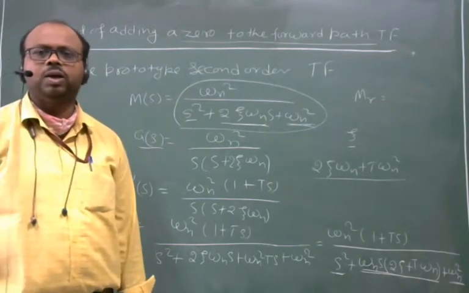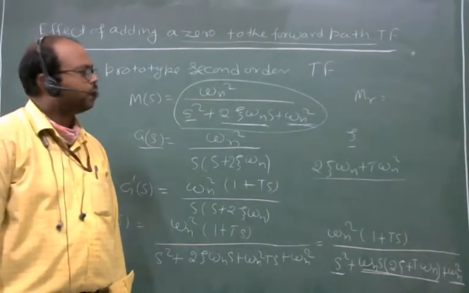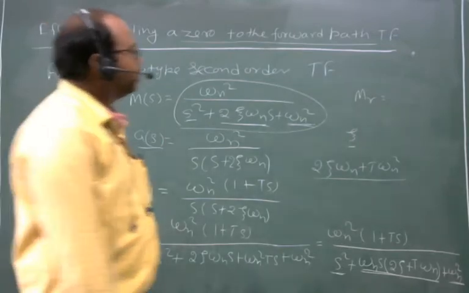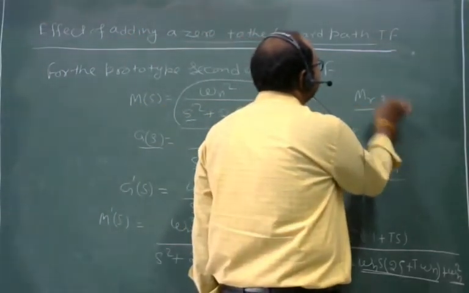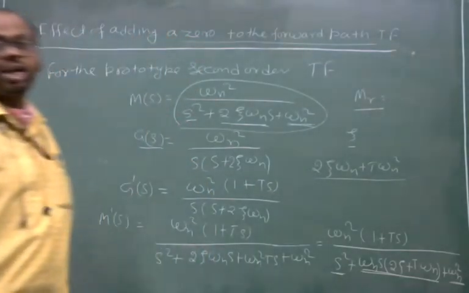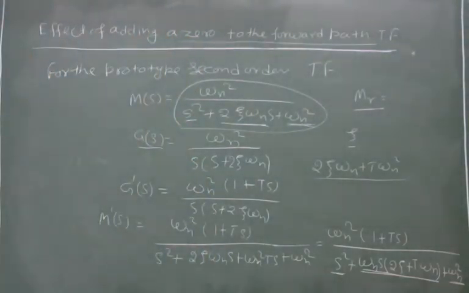So MR is affected as zeta is affected, and since MR and bandwidth are related to each other, MR is proportional to bandwidth, therefore as zeta is affected, bandwidth will also be affected.